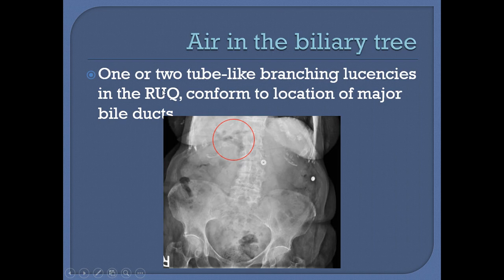Then pneumobilia. You can see the branching pattern in the right upper quadrant. It can be seen after some procedure like sphincterotomy, ERCP or CBD stricture removal.